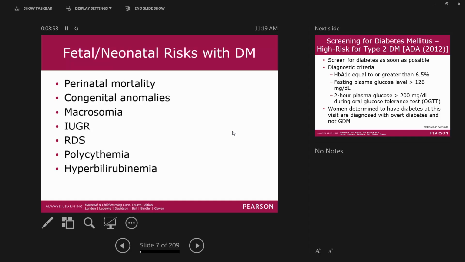Congenital anomalies are a huge thing with brittle diabetics, or people who are uncontrolled diabetics and then get pregnant. Their babies can have severe congenital anomalies that probably will be incompatible with life. So we really like to see these people pre-pregnancy to get them under control.